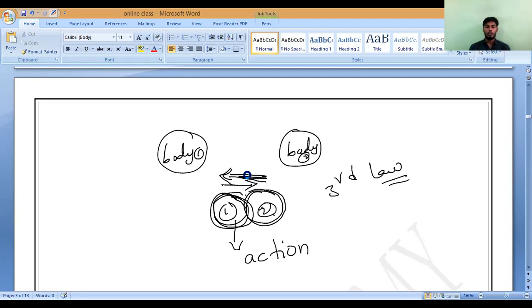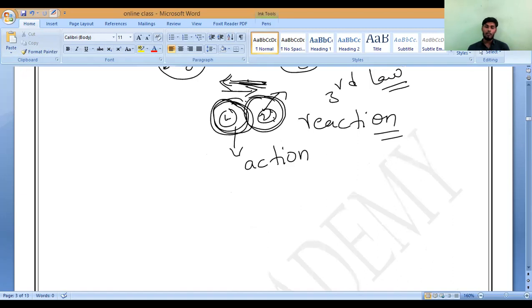The force exerted by the second body on the first body is called reaction. All of you should remember. Any doubt? Please ask me.